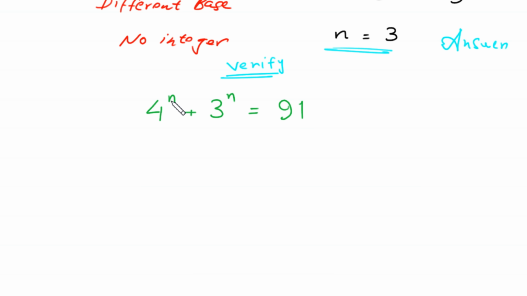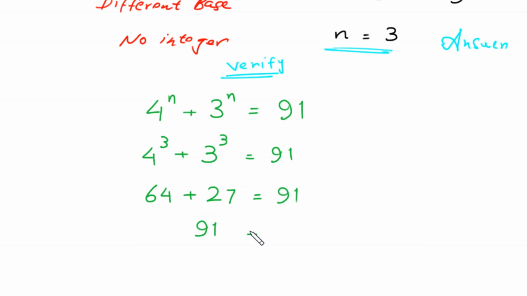In this equation we put the value of n, 3. 4 to the power 3 plus 3 to the power 3 is equal to 91. 4 cubed is equal to 64 plus 3 cubed is equal to 27, and 64 plus 27, 91, is equal to 91. You can see that left hand side is equal to the right hand side. So this value of n, 3, is a valid solution.